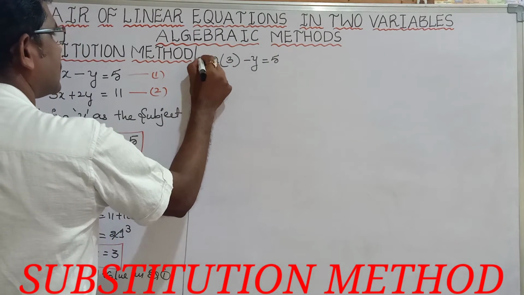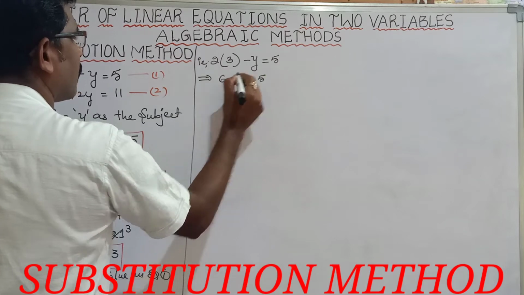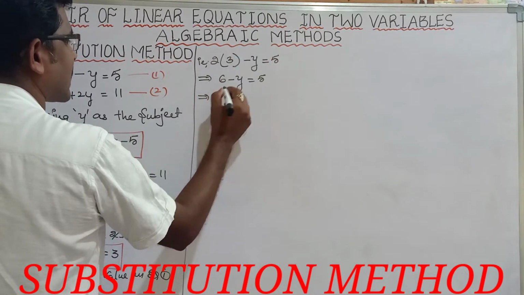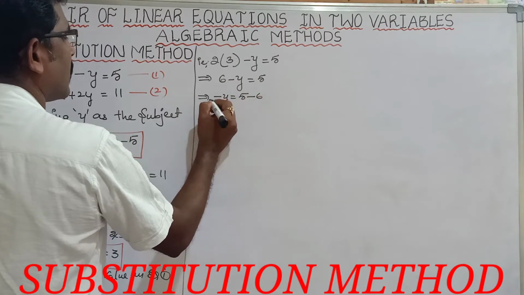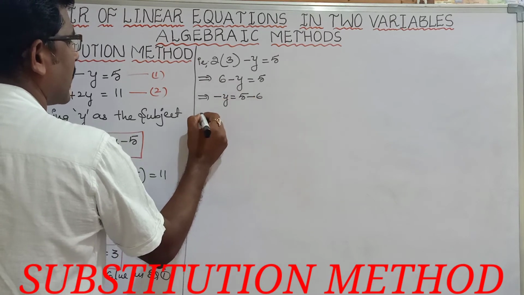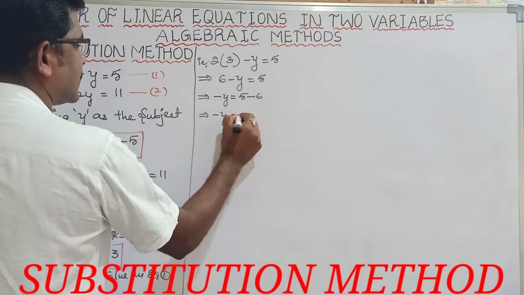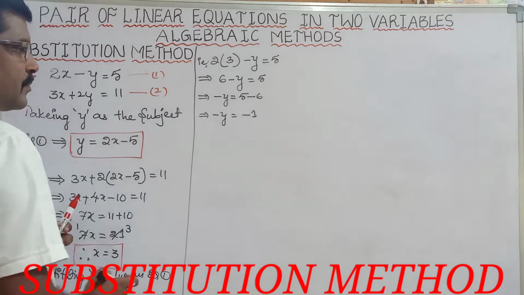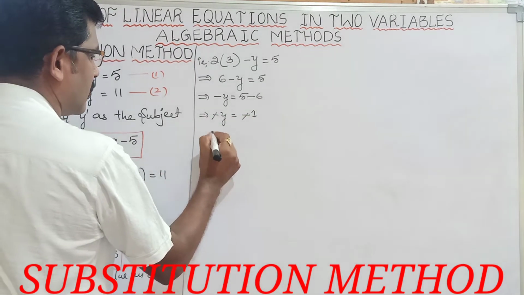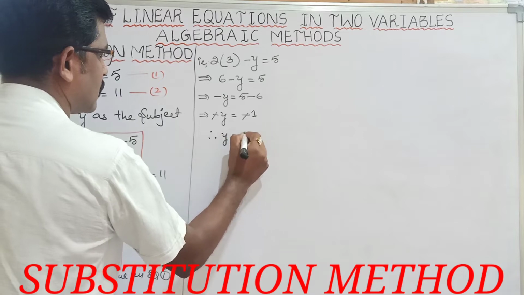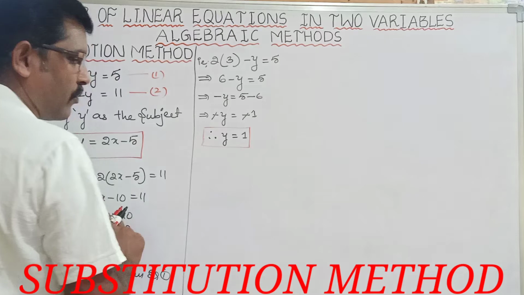It implies 6 minus y is equal to 5. So plus 6 transposed to RHS, minus y is equal to 5 minus 6. Minus y is equal to minus 1. Here minus minus gets cancelled. Therefore y is equal to 1.